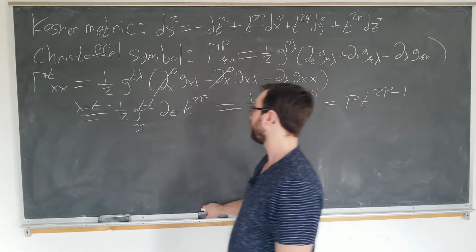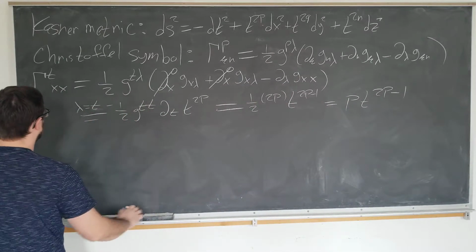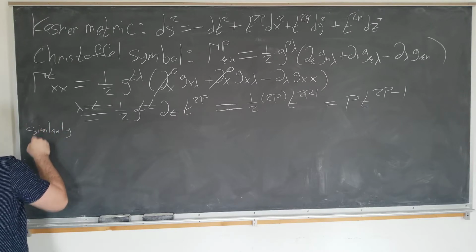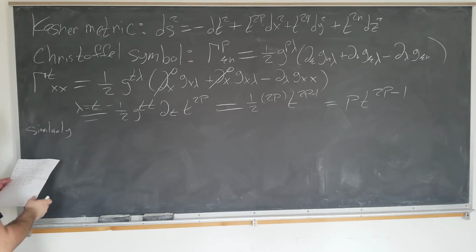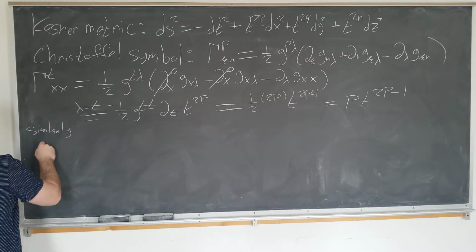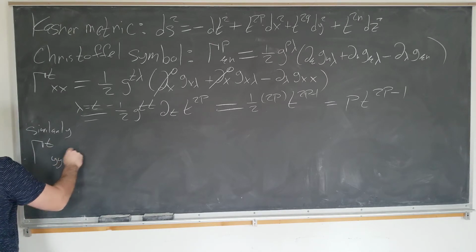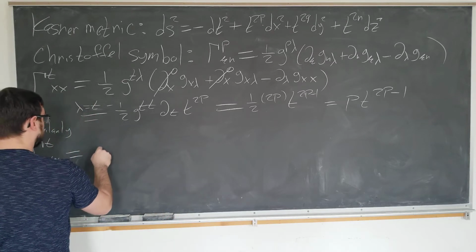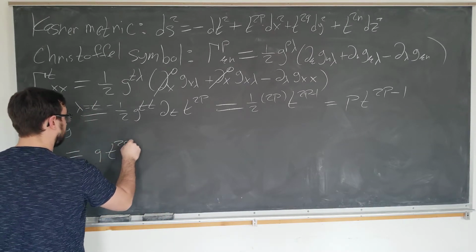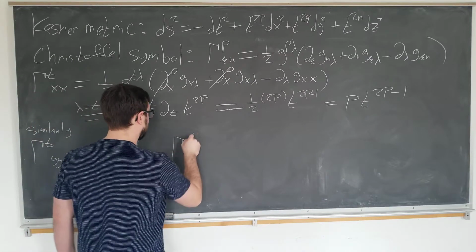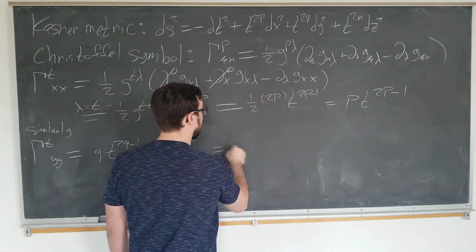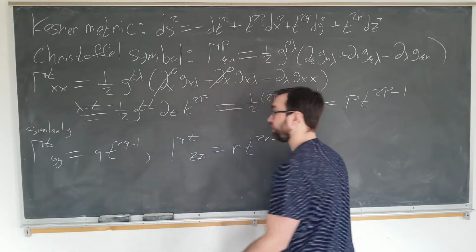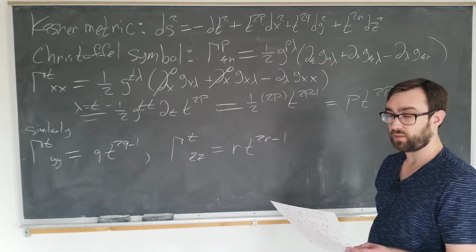Excellent, done with that. Similarly, the other non-zero values are Γ^t_yy, the same thing with p replaced with q, q t^{2q-1}, and Γ^t_zz as r t^{2r-1}. So we have 3 non-zero Christoffel symbols already.